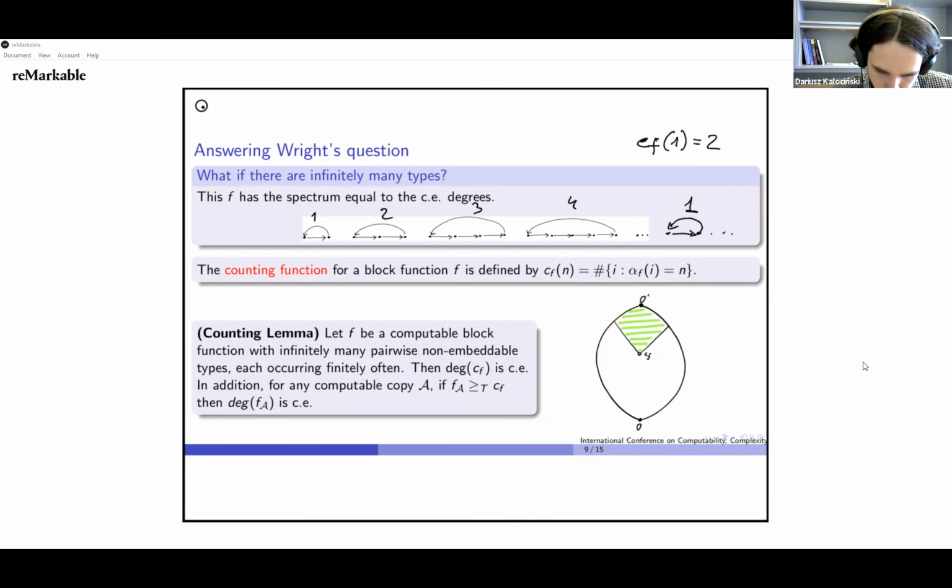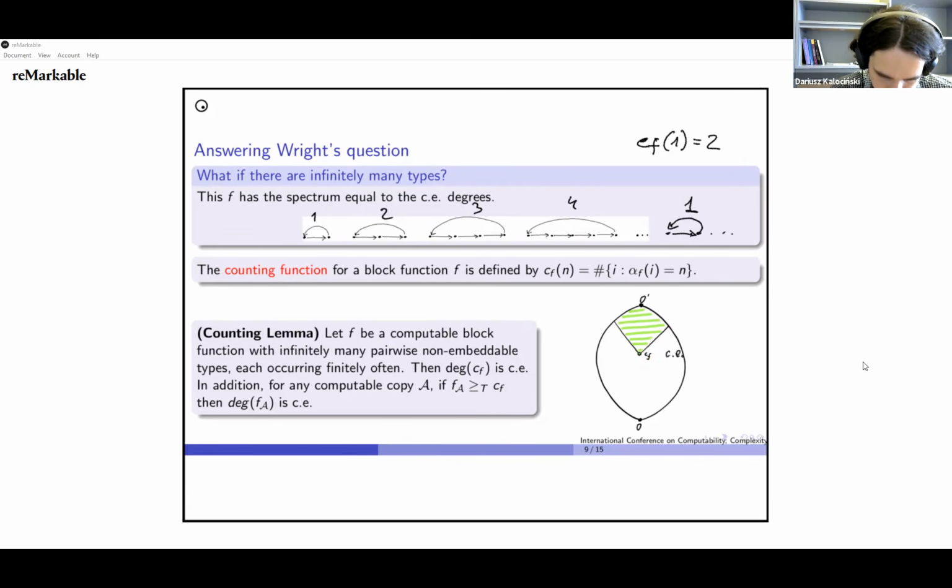So let f be a computable block function with infinitely many pairwise non-embeddable types, each occurring finitely often. Then the degree of the counting function is a computably enumerable degree. This is the first property.